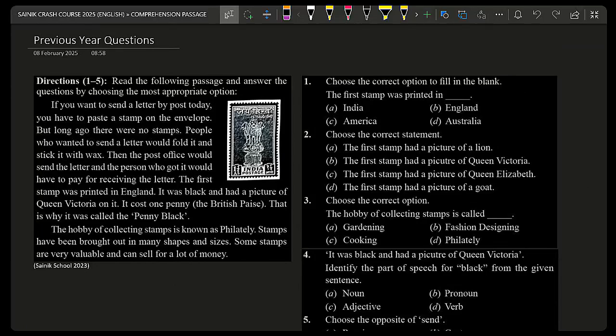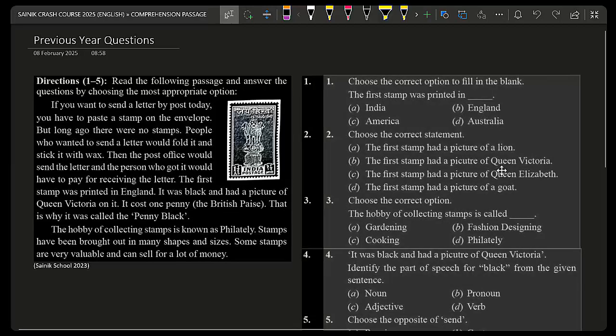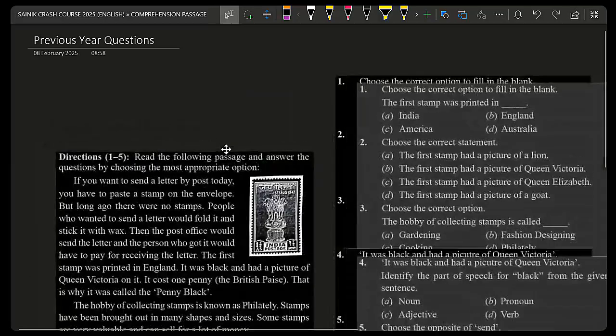So let me select from the class. Srivalli, can you read the passage?